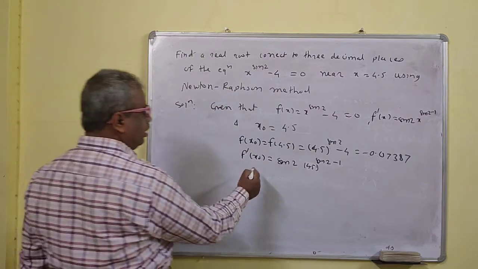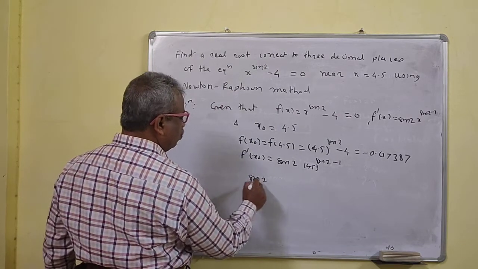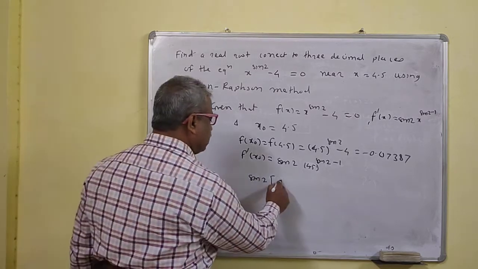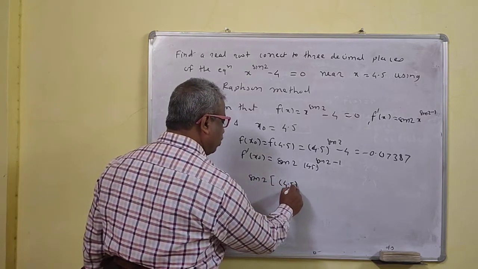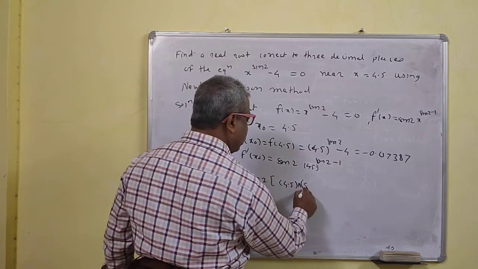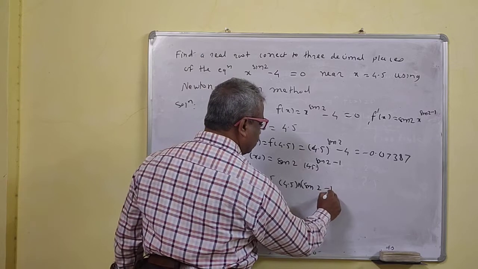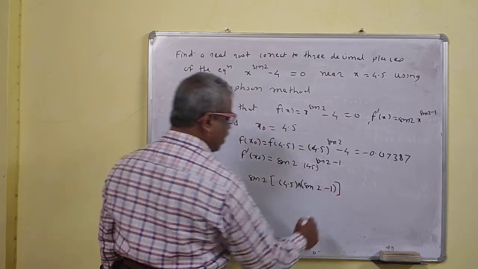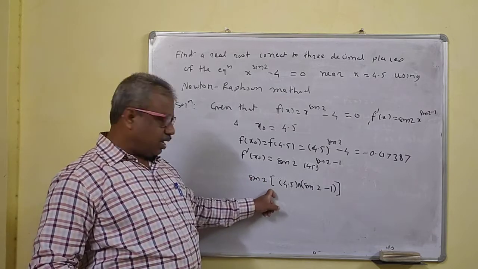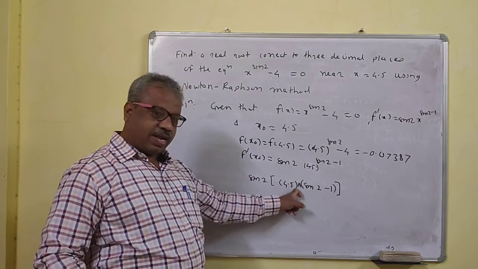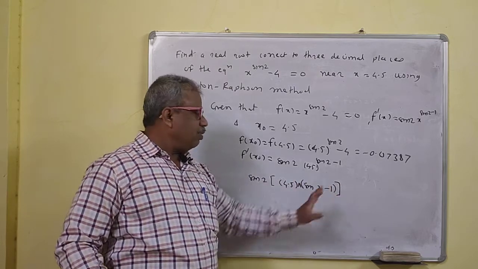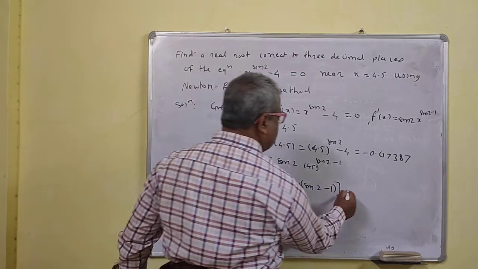How to type this: write sine 2 in bracket, also write 4.5 raised to, in bracket, sine 2 minus 1, complete the bracket, and just press equal to.